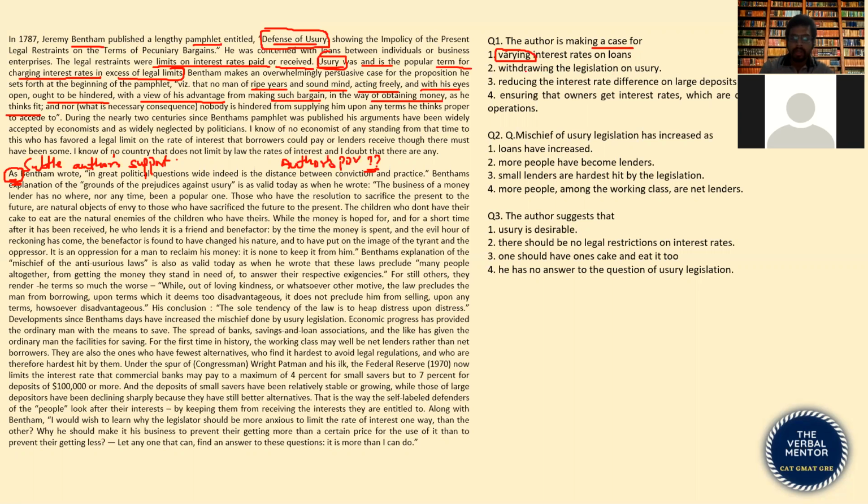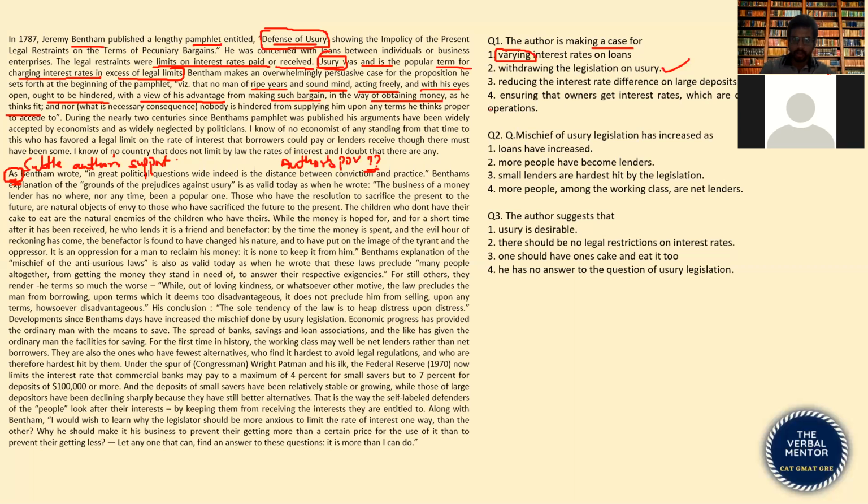Okay. Option 2, withdrawing the legislation on usury could be the answer. There should be no legislation. Option 3, reducing the interest rate difference on large deposits as against small, alien idea. Option 4, ensuring that owners get interest rates which are determined by free market operations. Equally good.